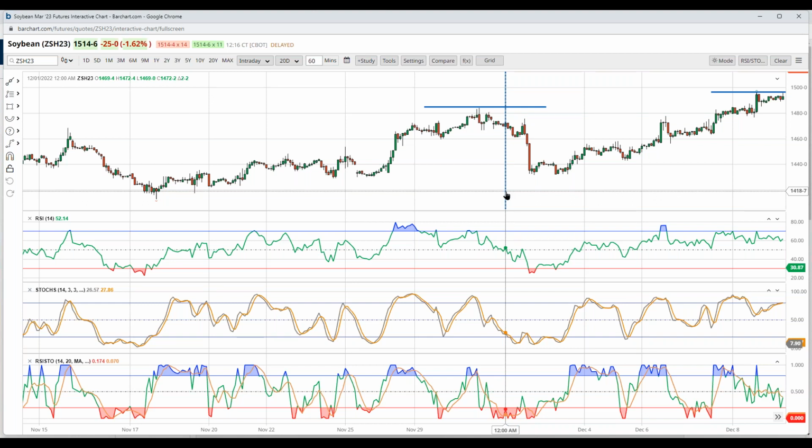The futures trading guide signal is produced at the settlement price for that day, and that wouldn't have happened until about here, right around 1 o'clock. So that would have been the price that the signal would have taken.